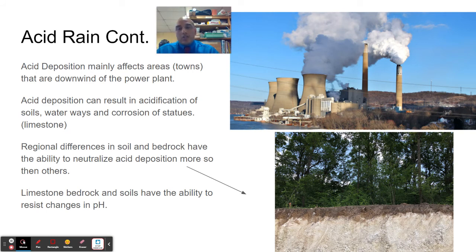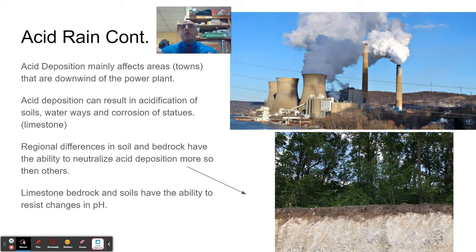Now, another interesting fact that you need to understand is that the whole United States is different. All the soils could be particularly different as well. There are regional differences in the rocks that are in the ground. These regional differences have an ability to resist acid deposition or not resist it and therefore suffer its detrimental effects.